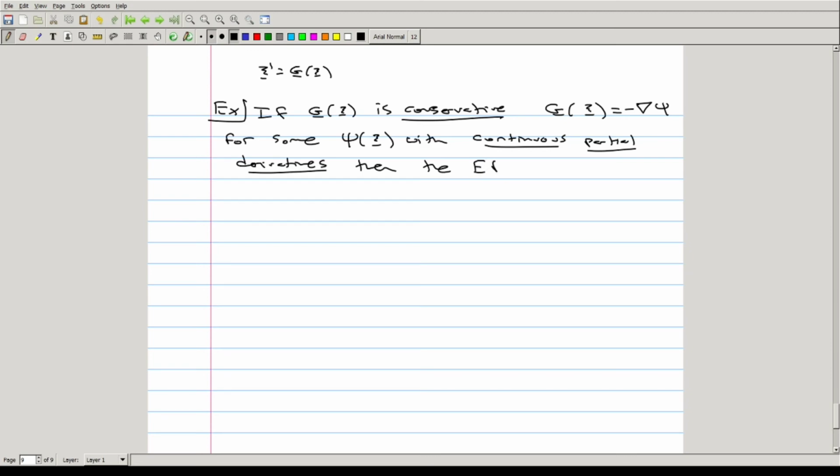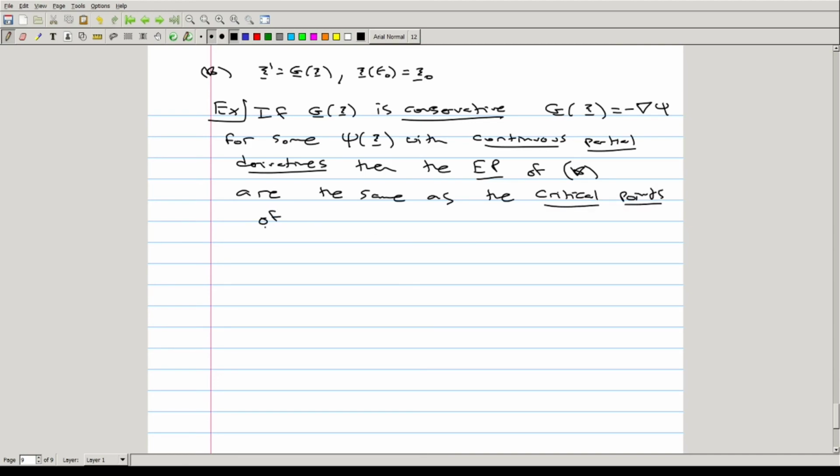the equilibrium points xi star are the same as the critical points of the function psi of xi 1 to xi n.